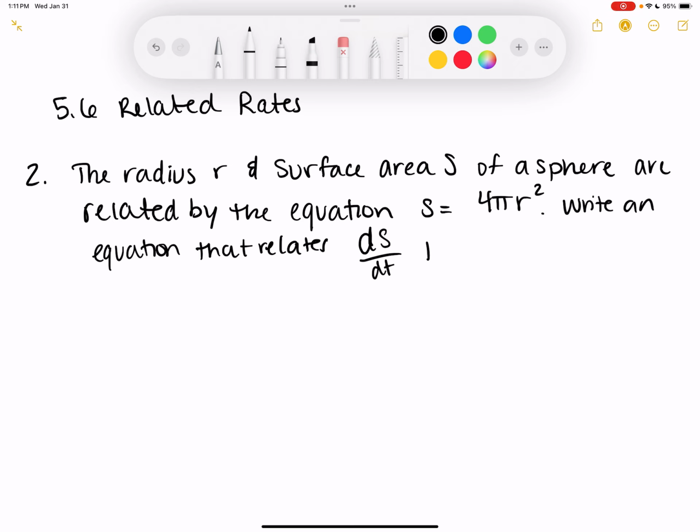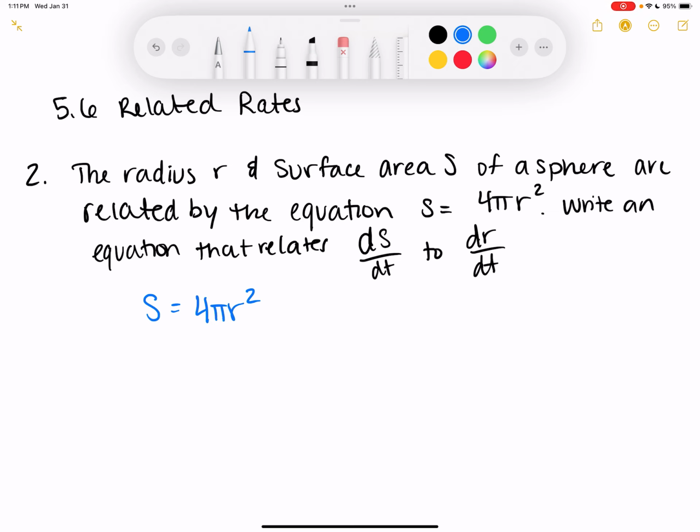to dr dt. So essentially this is like implicitly differentiating everything because everything is with respect to time. Okay. So everything is a variable that we're taking with respect to t.